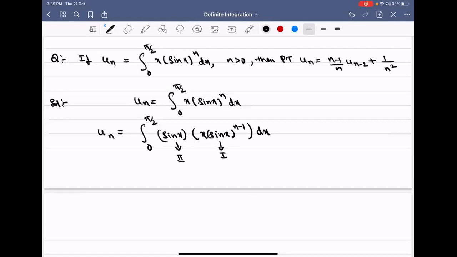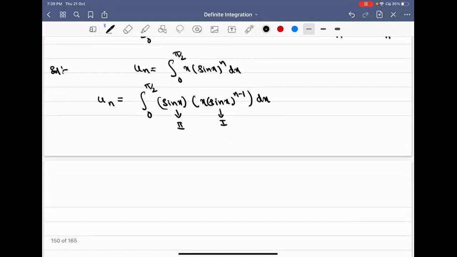So this is equal to first function, that is x into sin x power n minus 1, into integration of the second function, that is integration of sin x, that is minus cos x. The limits are from 0 to pi by 2, minus integration of differentiation of the first function.